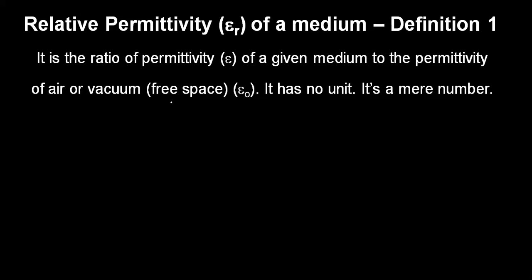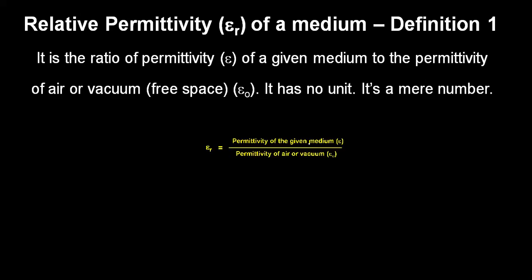You know, vacuum is otherwise called free space. So if I want to find relative permittivity of a given medium, I have to compare it with the permittivity of standard, that is nothing but air or vacuum. So it is the ratio of permittivity of a given medium to the permittivity of air or vacuum. It has no unit, it's just a number.